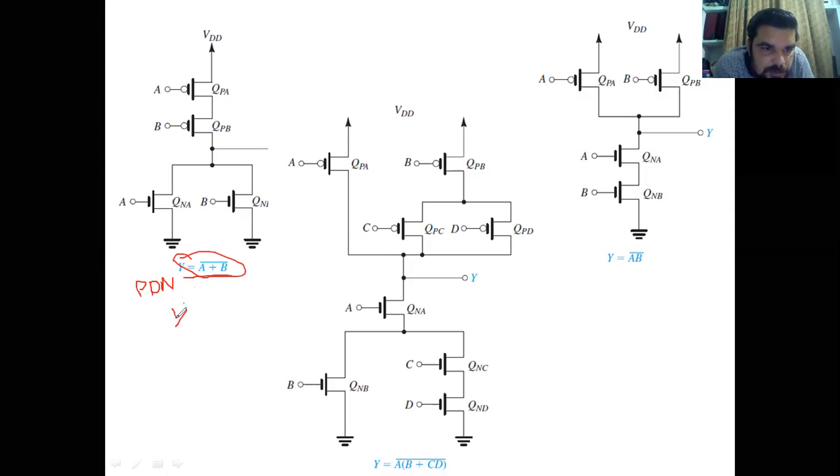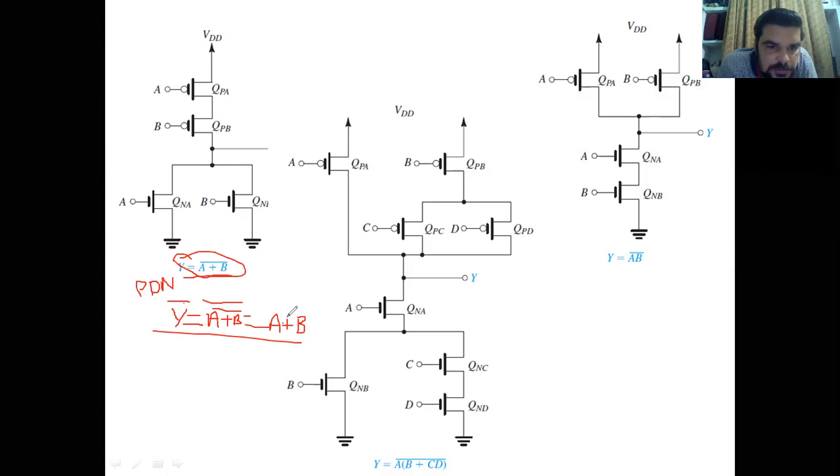If I take the complement of both sides, y bar will be equal to A plus B, complement complement. That is nothing but equal to A plus B. Now this is converted in the form that we want for designing the pull down network.